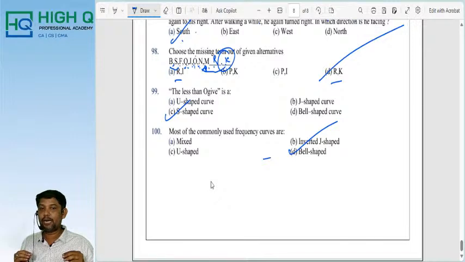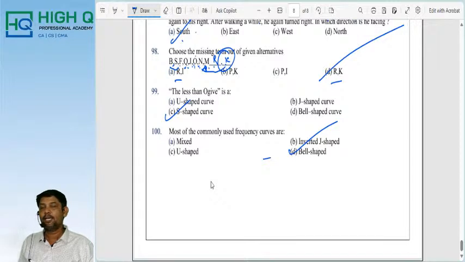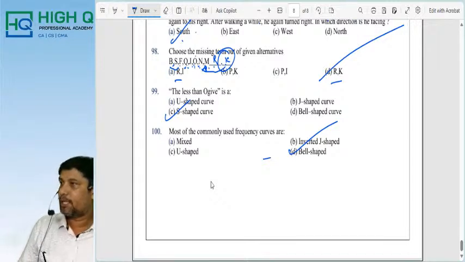And don't try anything new in the exam hall. That is a wrong thing most of the students are committing. Whatever you know, first ensure that you get the marks for those questions. What you people are doing is, you keep on solving in the exam hall, which is not correct.